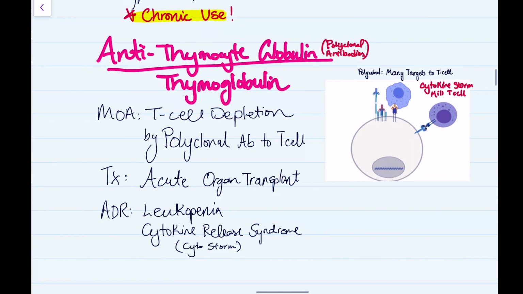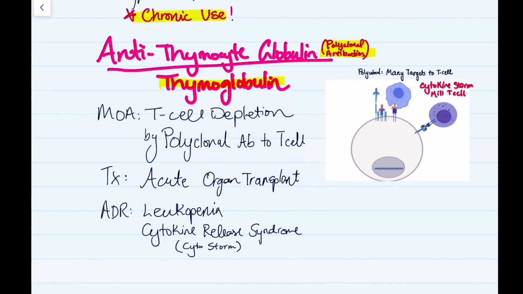Then we have anti-thymocyte globulin. These are polyclonal antibodies. Thymoglobulin is the drug name. So these polyclonal antibodies to T cells promote T cell depletion. Thymoglobulin is many different antibodies, so they come from every angle that they can attack.